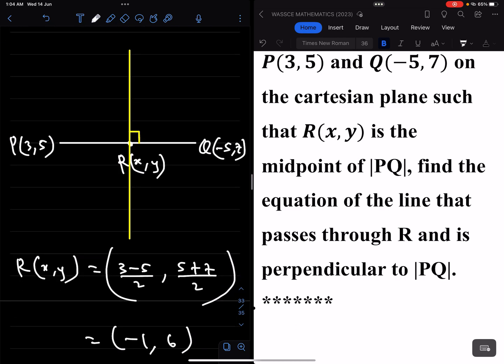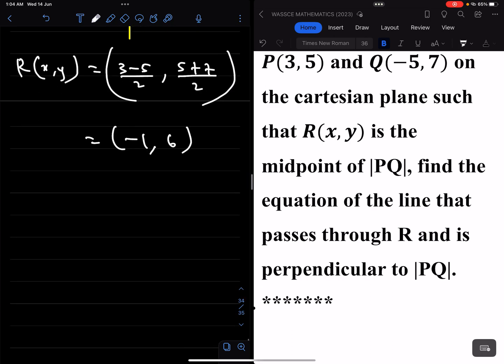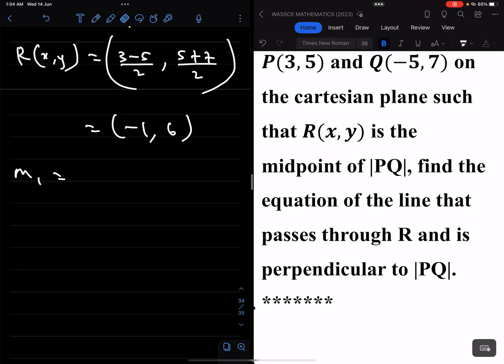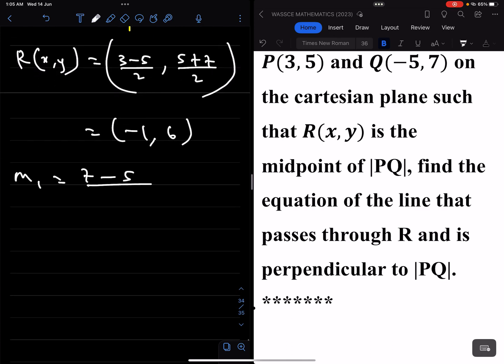First of all, let the gradient of PQ be m1 and the gradient of the line which passes through R be m2. So how do I find m1? m1 is y2 minus y1, that's 7 minus 5, over x2 minus x1, which is minus 5 minus 3.